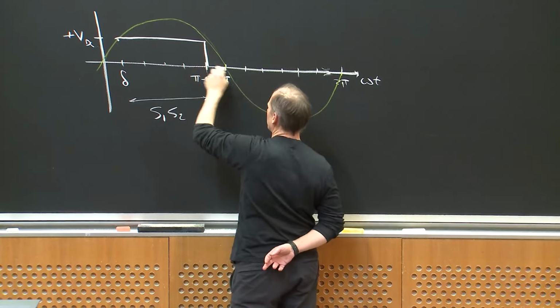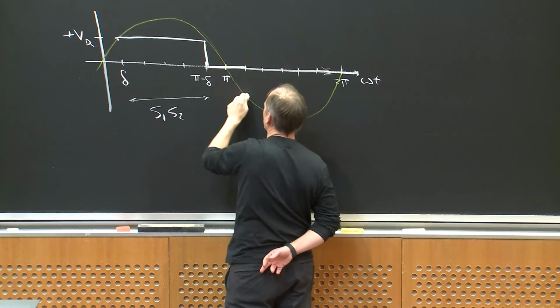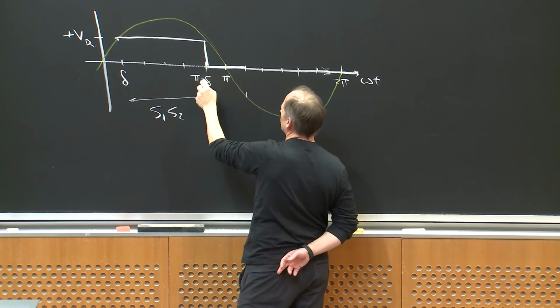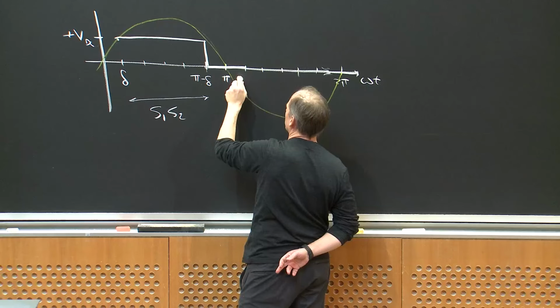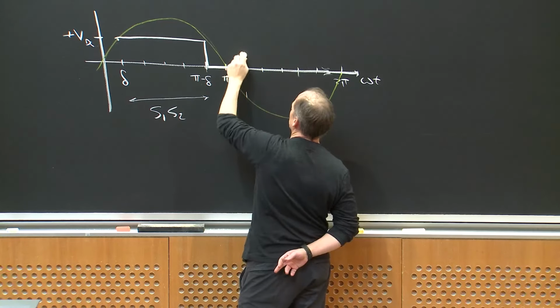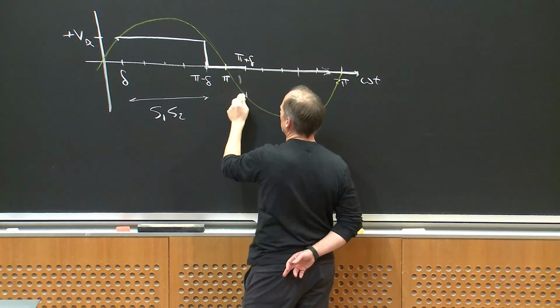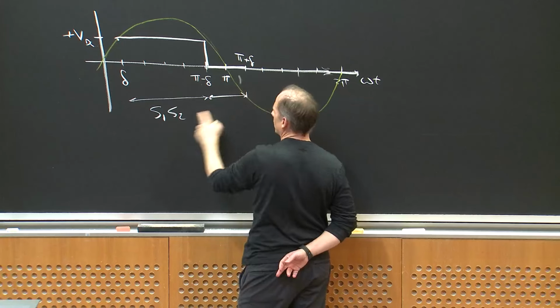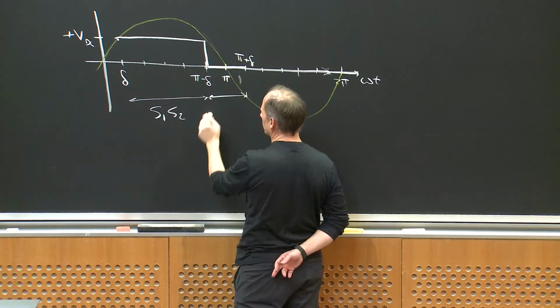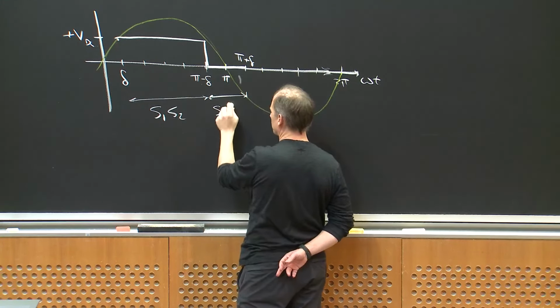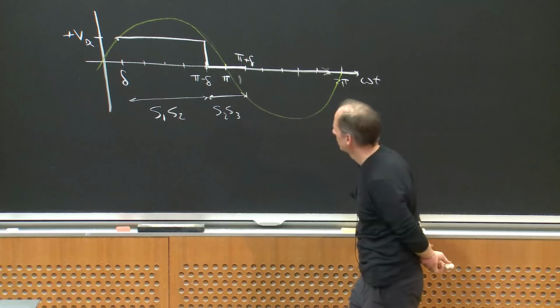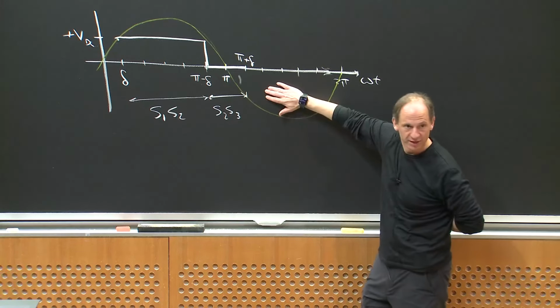Now I want to synthesize 0 in this time period, and I'm going to do that between pi minus delta and pi plus delta. I can get 0 just by leaving switch S2 on and going to switch S3. So I can have S2, S3. Now I'm in the negative half of the cycle.